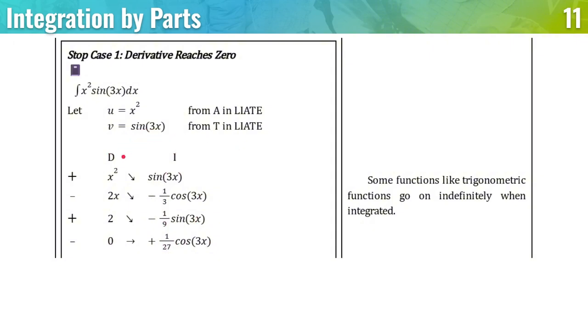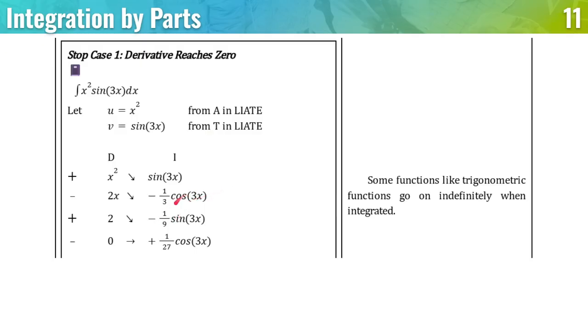Looking at the table, x squared becomes 2x, becomes 2, becomes 0. The sign that we have to stop the integration by parts is when one of the terms becomes 0. So look at this. Getting the integral of sine 3x gives you negative cosine 3x times 1/3 because of the 3 inside.